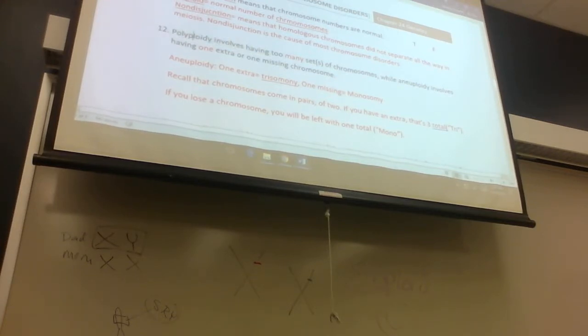Poly means many, so polyploidy involves having too many sets of chromosomes. Aneuploidy, where an means without, involves having one extra or one missing chromosome.